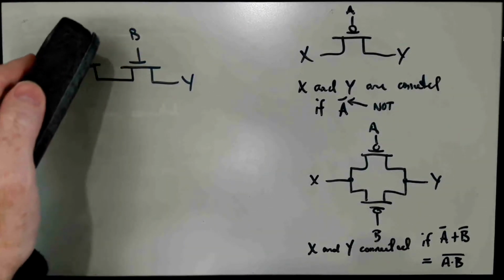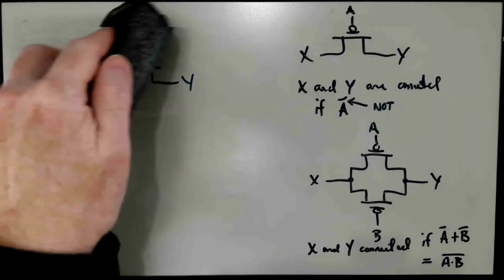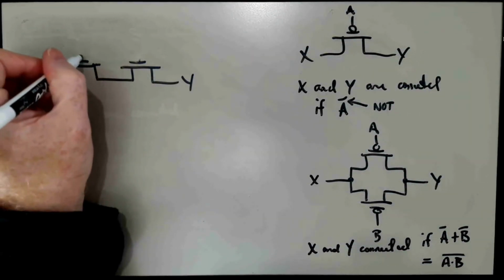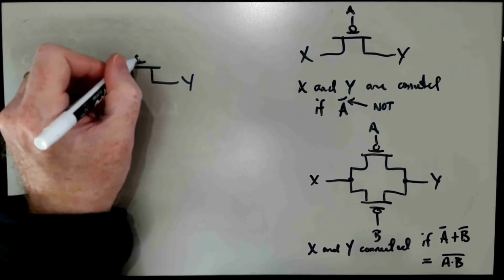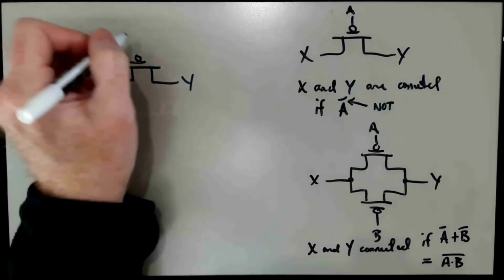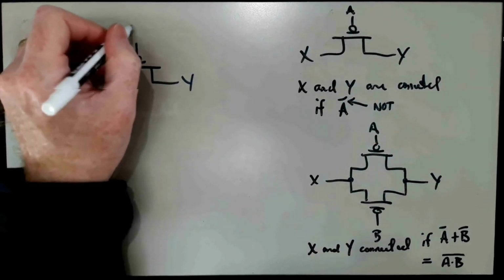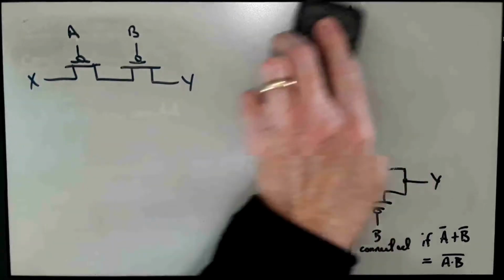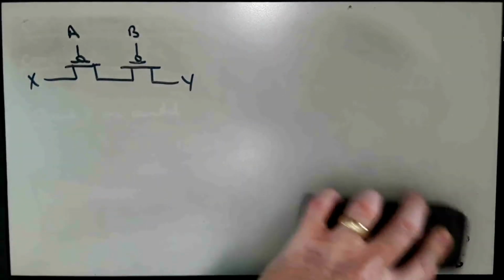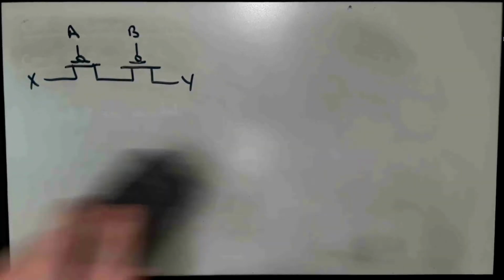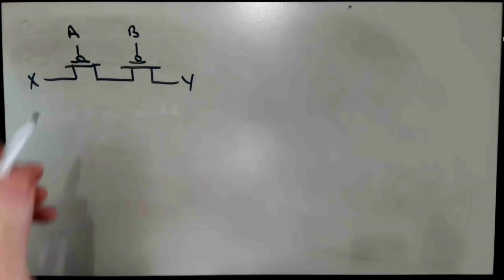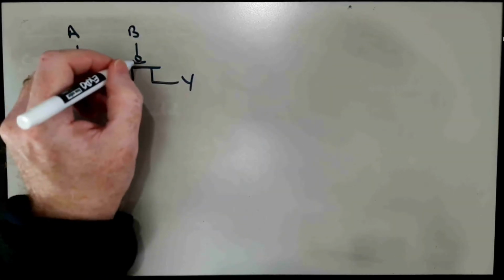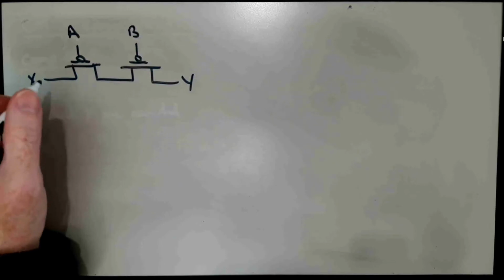And here we can cheat a little bit. Series configuration of two Pmos transistors. Just like with the Nmos transistors, we're only going to get conduction through the series pair if we have conduction through both, because either one of them can block the conduction in the series configuration.